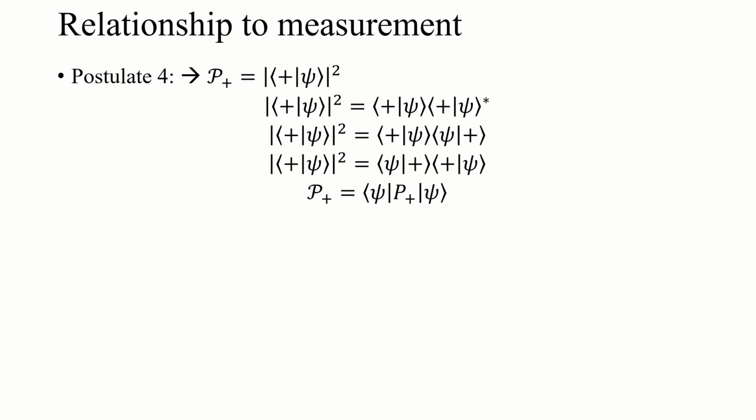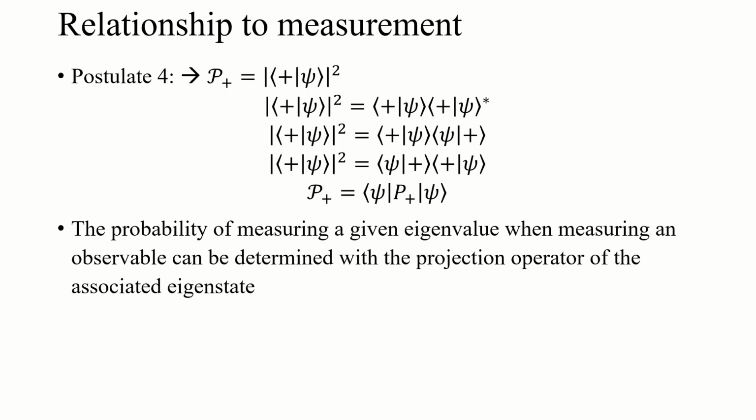We see that the probability can be written as the spin up projection operator sandwiched between the system state ket and state bra. So we can rewrite the probability of obtaining a given eigenvalue using the projection operator for the eigenstate associated with that measurement outcome.